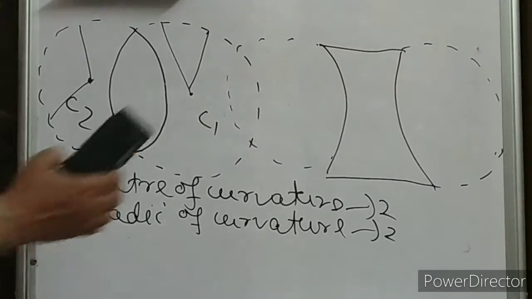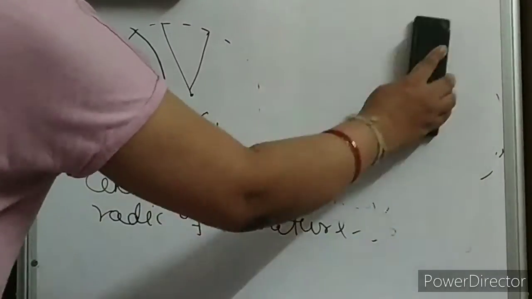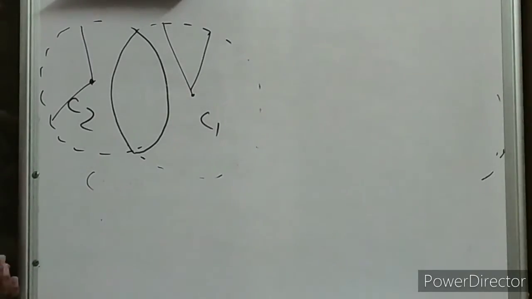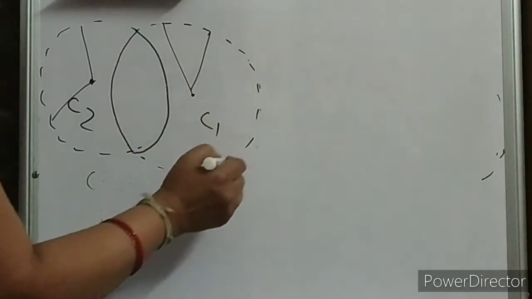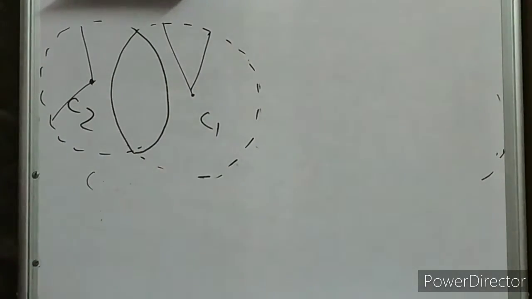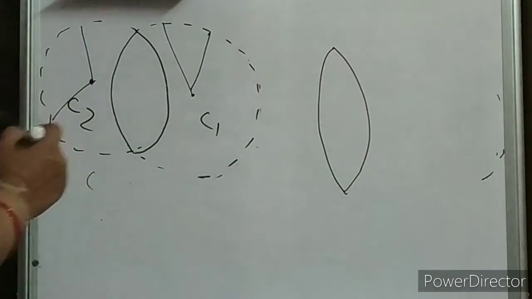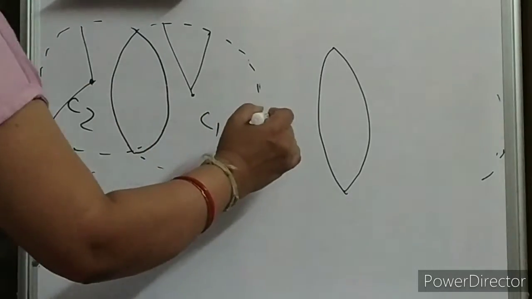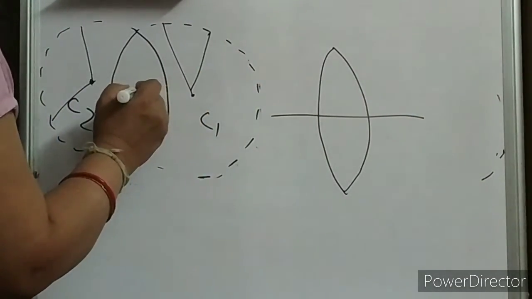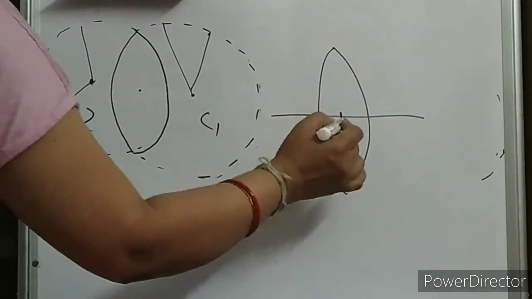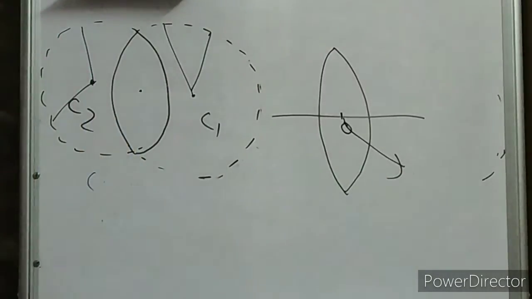Let me concentrate on one picture so that I can explain well. See, we now have two centers of curvature and we have also discussed radii of curvature. Now one more thing. There will be an optical center, or you can say geometrical center. Join this. This is the center O. This is called the optical center.